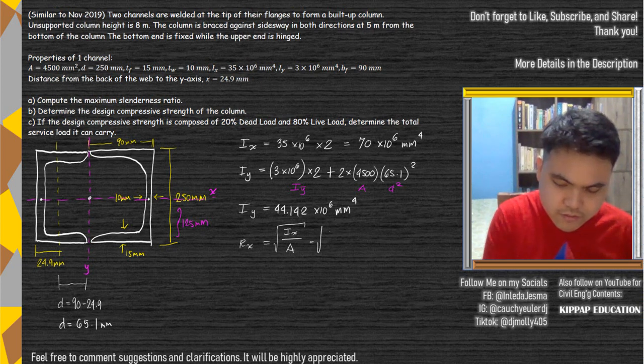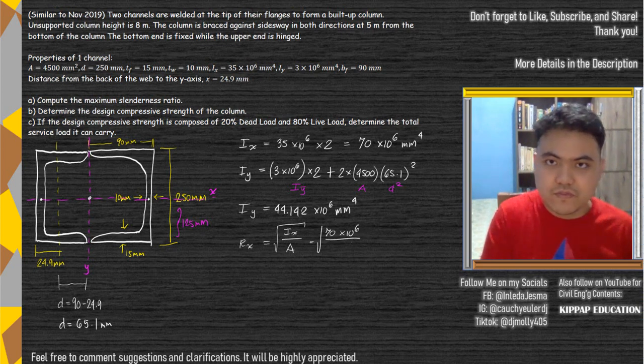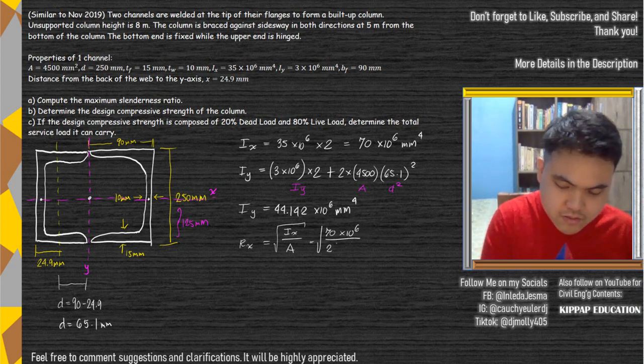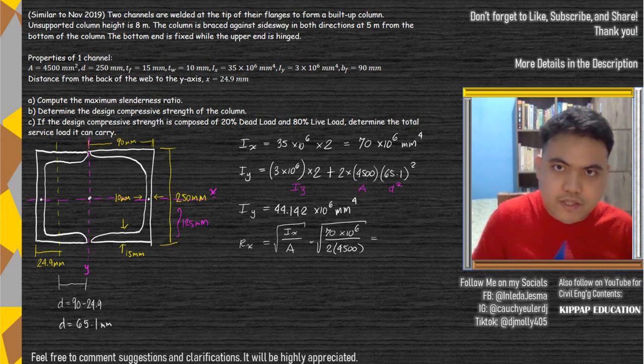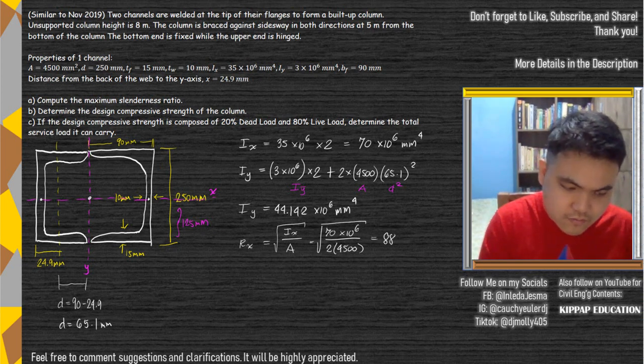So, we have square root ng 70 times 10 raised to 6 all over yung dalawang channel. So, 2 times 4500. Right? So, the value is approximately 88.19 millimeters.